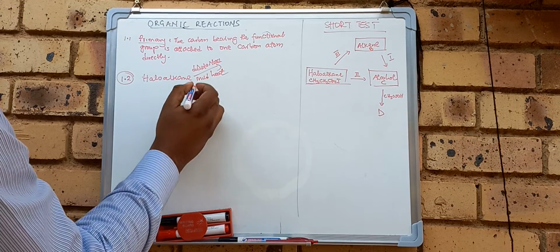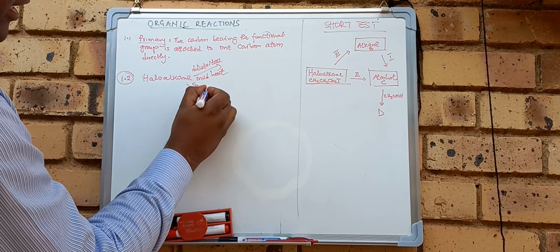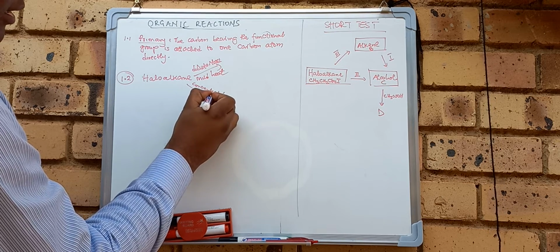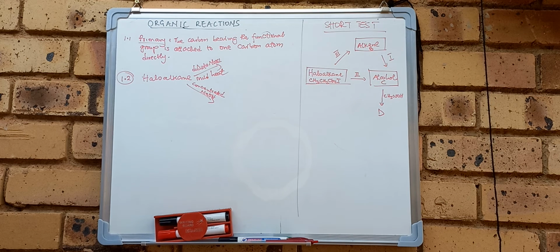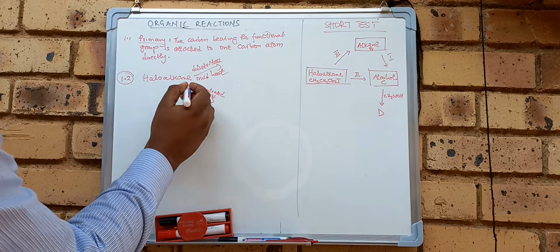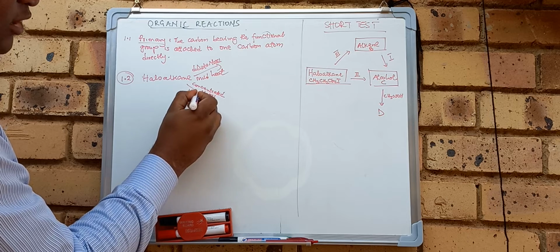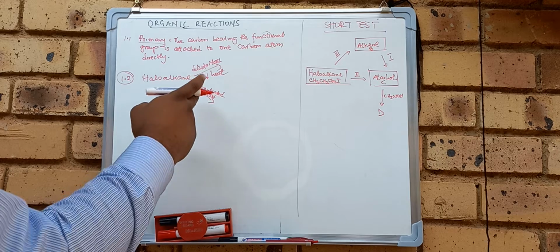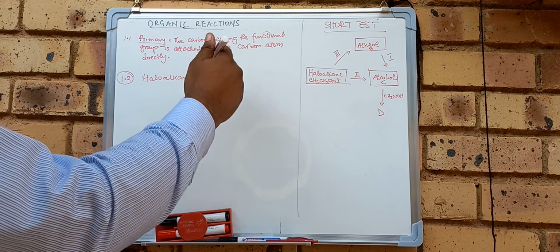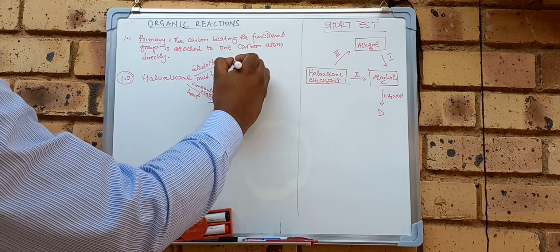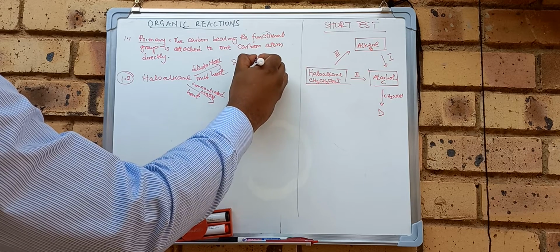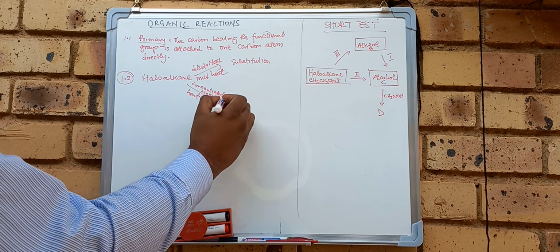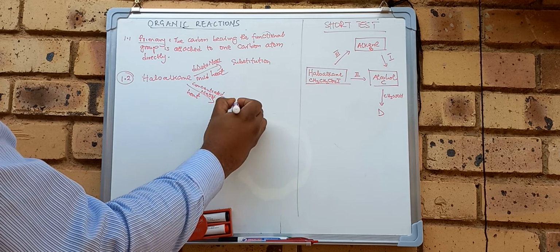Or we might be using concentrated sodium hydroxide or potassium hydroxide or lithium hydroxide, and you are heating strongly. These two reactions, you must take note of that. Once we are given the dilute one, then the reaction that will be taking place will be substitution. But if you are given a concentrated sodium hydroxide, then the reaction that will take place will be elimination.